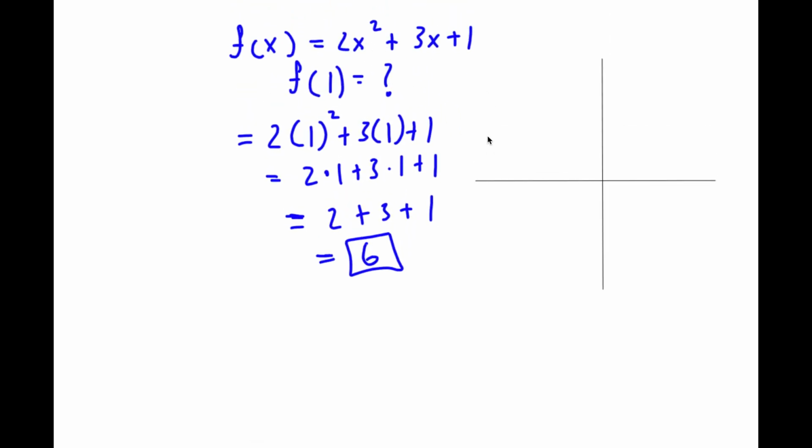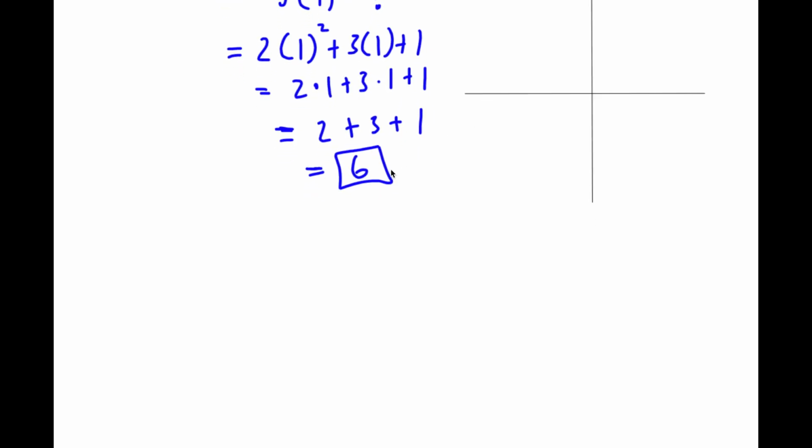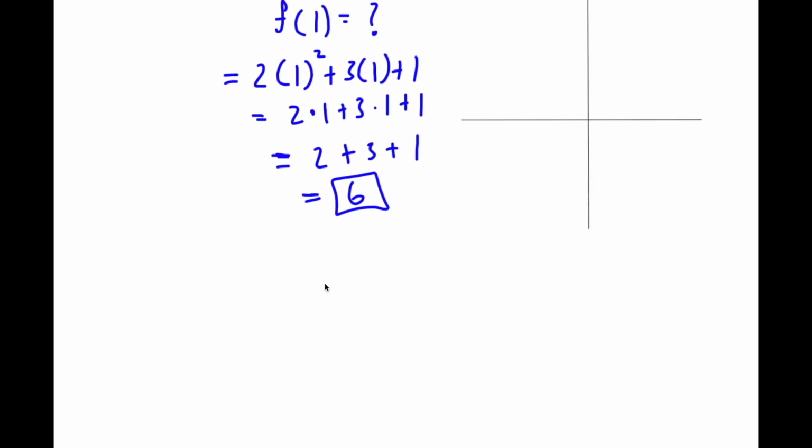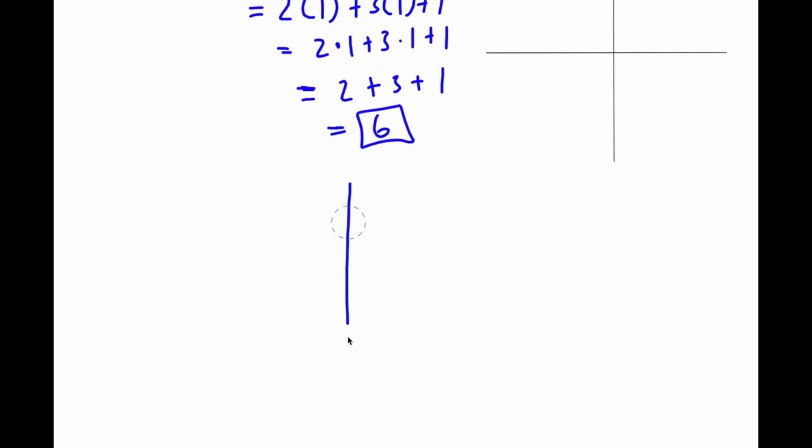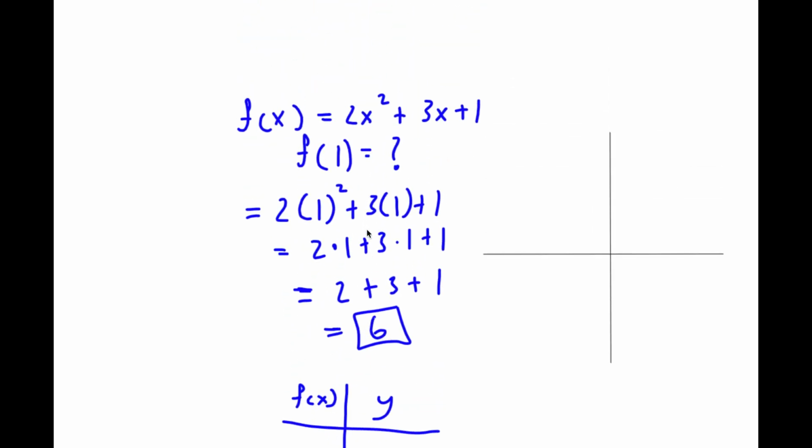So let's first go ahead and graph 2x squared plus 3x plus 1, and I'm going to make a quick chart. We have our x values, and we have f of x, our y values.